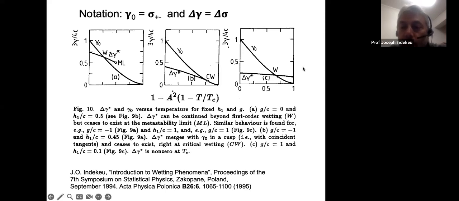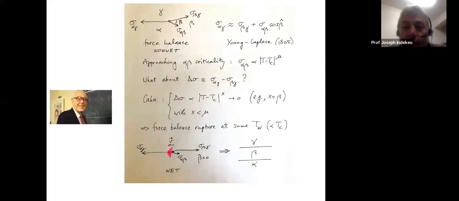So here also a fortiori, the delta gamma star does not vanish at all at TC, but retains a finite positive value there.